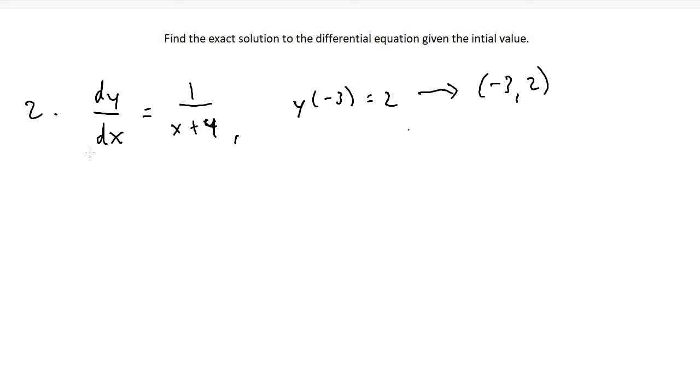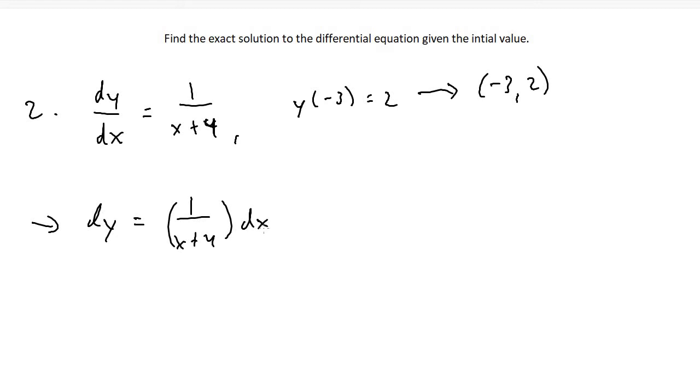So now once again, in order to solve this differential equation, we just have to separate our variables out. Since there's only one y, we can keep that on the left side, so dy equals. Now in order to move dx over to the other side, I just need to multiply. So I'll get 1 over x plus 4 times dx.